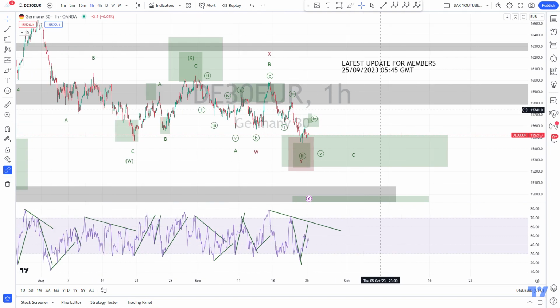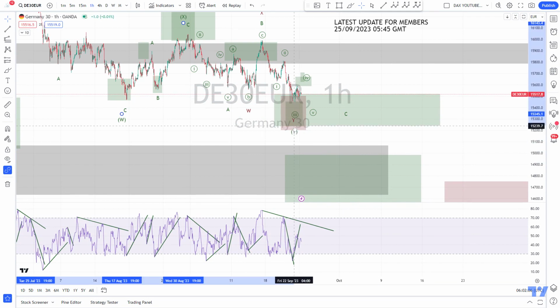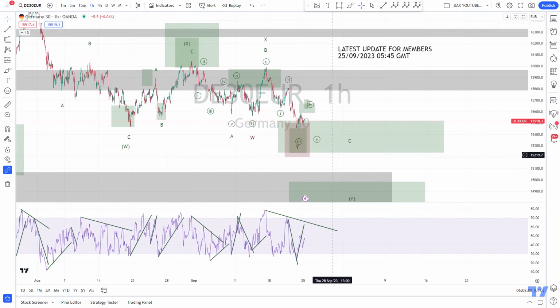So the WXY finished, and the Y actually also finished. And then this can be the beginning of a new impulse if we take out this level. But of course, it can also be just a wave A of a wave X, like I told you.